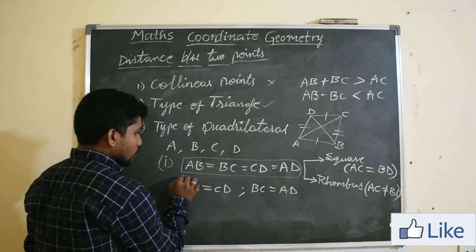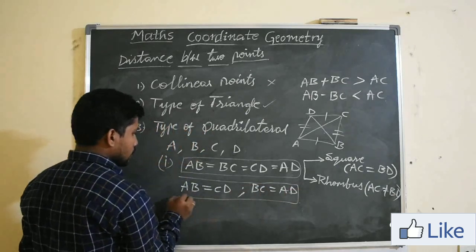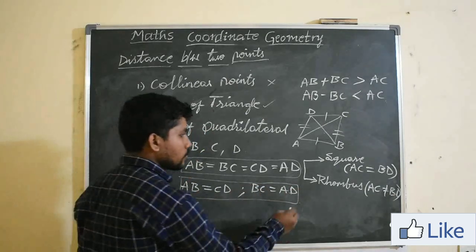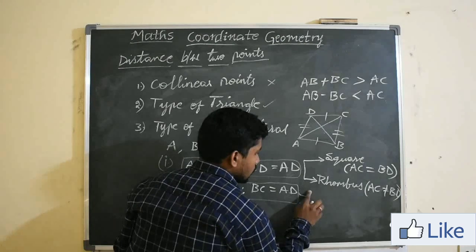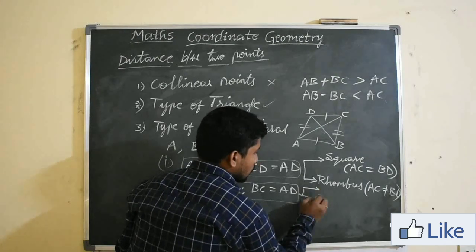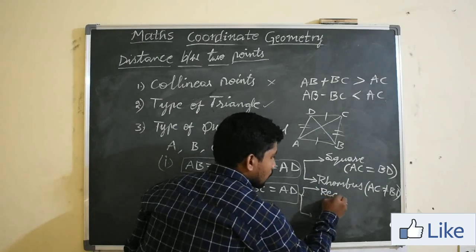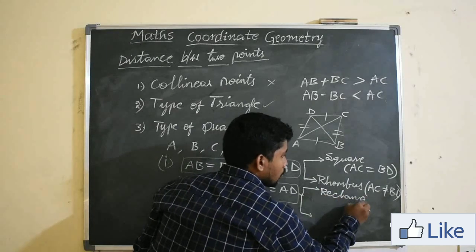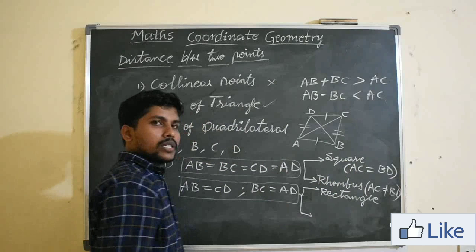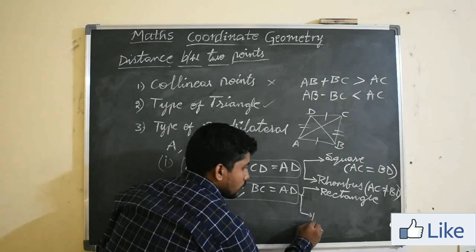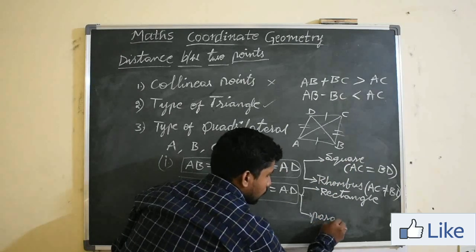Here also we have two possibilities: the first one is a rectangle, the second one is a parallelogram.